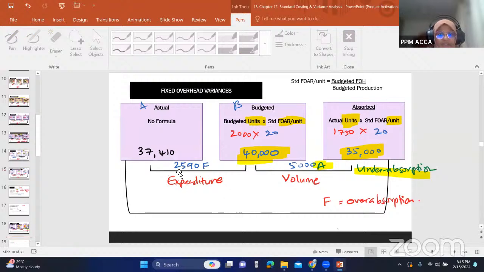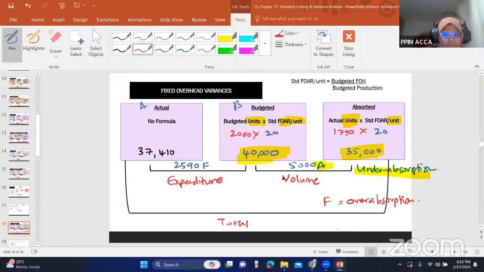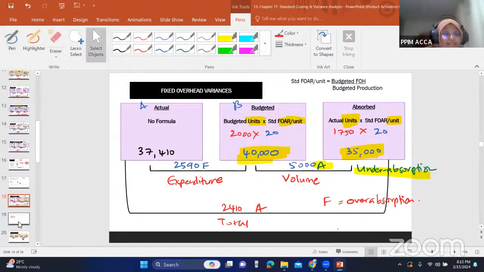Fixed overheads also, expenditure was favorable, volume was adverse. You can get a total also, which was adverse. I'll write it. It will be adverse, how much? 2,410. So basically I'm writing down all my variances that I calculated till this point.